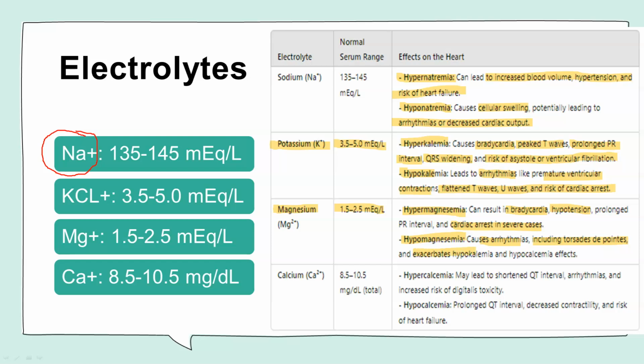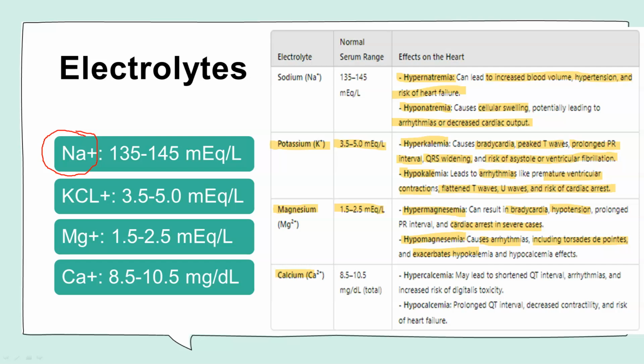So we know that dysrhythmia can be corrected by giving magnesium. And when I think about this, I always think of our clients who are coming in for ETOH. Hypomagnesium can also exacerbate hypokalemia and hypocalcemia, which are going to make it worse.